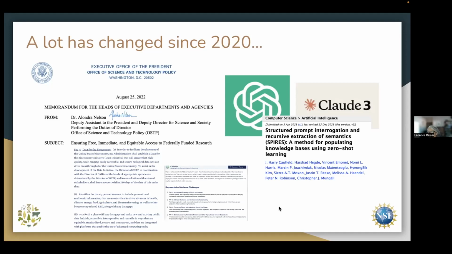And then I think the other transformative thing that's happened since 2020 is artificial intelligence. And that, I think, is one of these other factors that is impacting our field. So I've given some examples of the ways that some data projects are already making use of artificial intelligence.